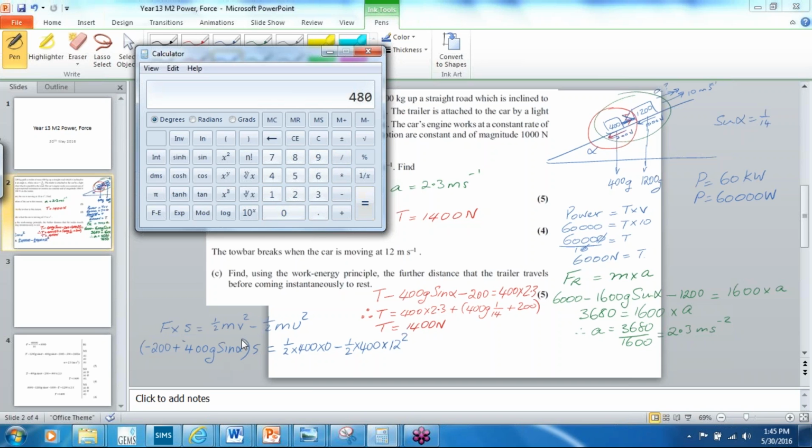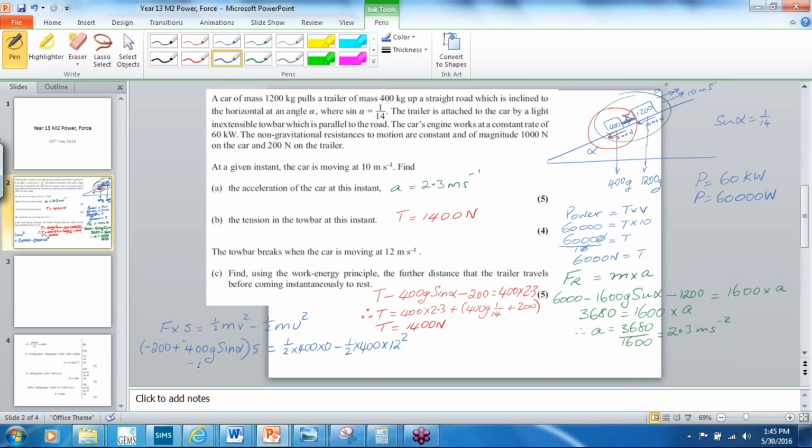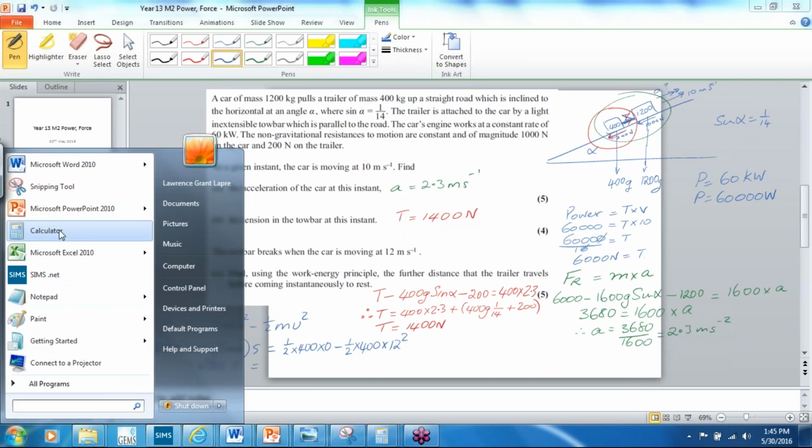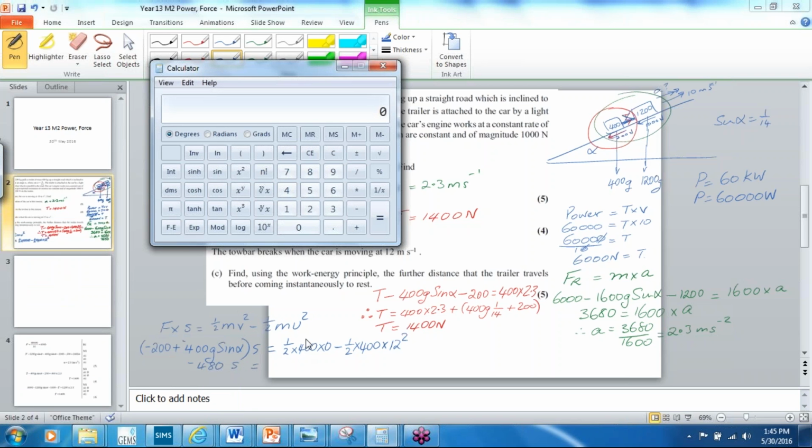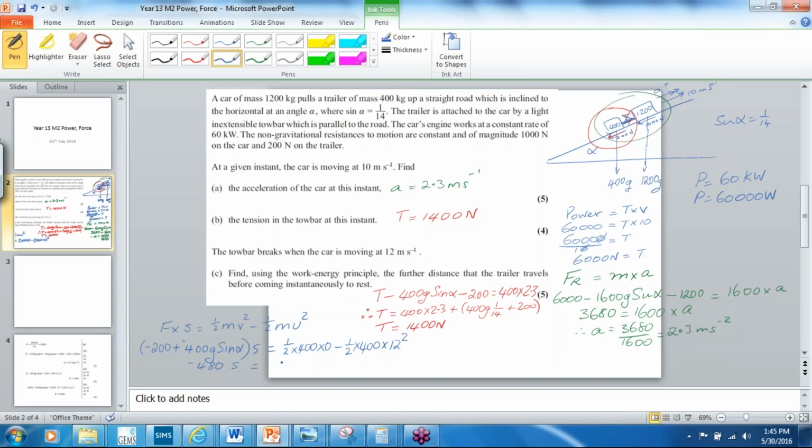So we've got negative 480s equals 0 minus 0.5 of 400 times 12 squared, which is 144, giving 28,800.